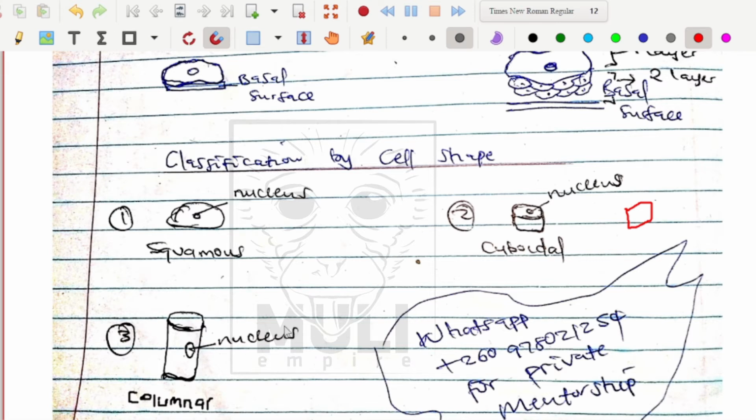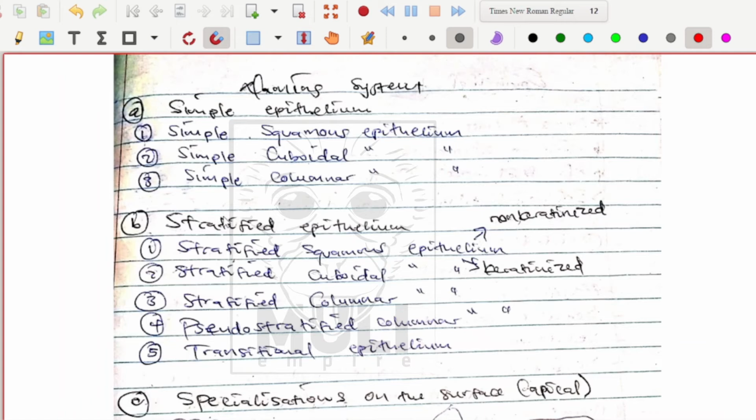Those are the things you need to understand, because we'll blend these two things. Now we'll start naming the epithelial tissues. If it has only 1 layer and the apex is flat, that is a simple squamous epithelial tissue. If it is cube-like on its surface, it is called simple cuboidal epithelium.